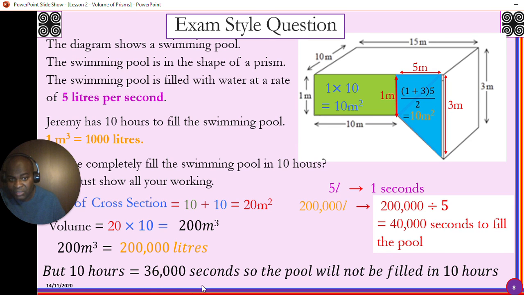And since 36,000 is less than 40,000, we can say that we cannot fill the pool completely in 10 hours, because we need 40,000, but the time given is only 36,000 seconds. And therefore, 36,000 seconds is not enough to fill the pool. So the answer is no. Jeremy cannot fully fill the swimming pool in 10 hours.